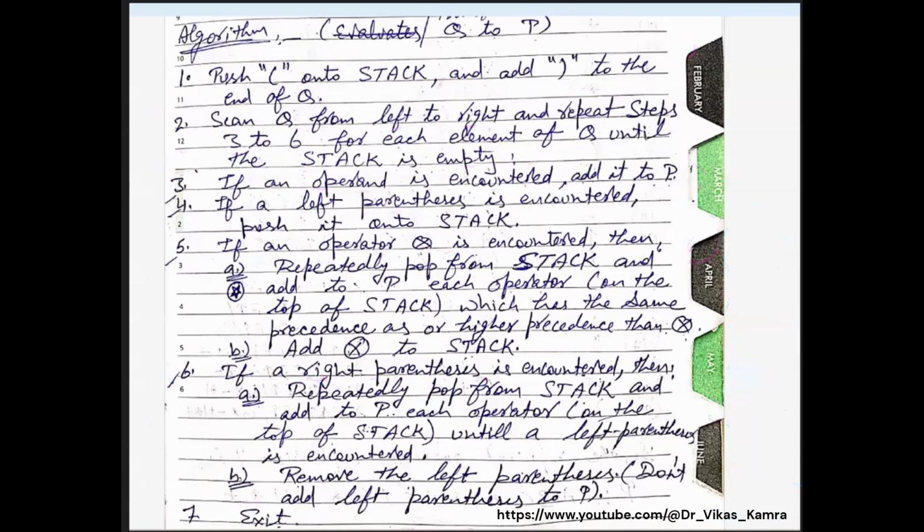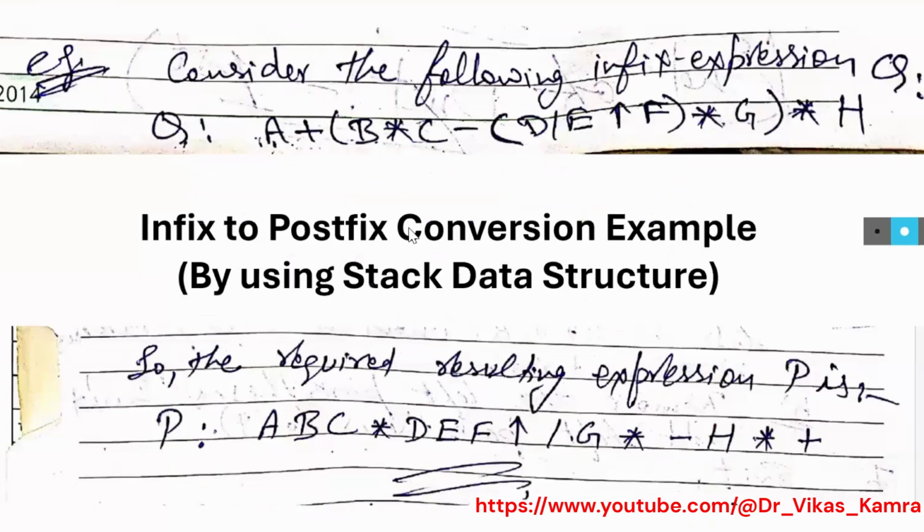So now let us take an example of this one. Then you will understand better how it works. You can see here, this is the given expression which we need to convert into postfix. The very first step was to add a right parenthesis at the end of the expression, and start scanning the expression one element by one.